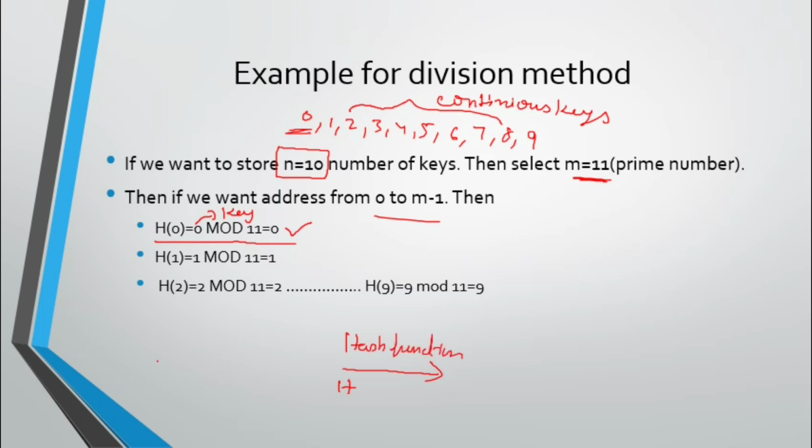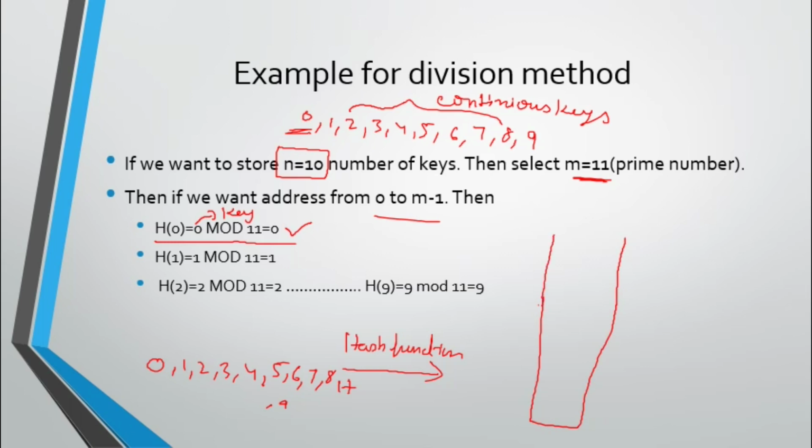So you have continuous keys here: 0, 1, 2, 3, 4, 5, 6, 7, 8, 9. How many are there? 10, correct? So this is the hash table.